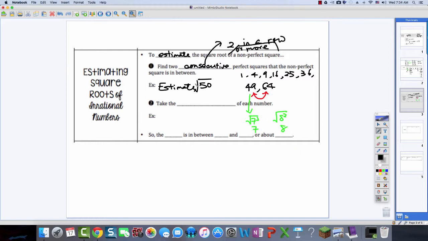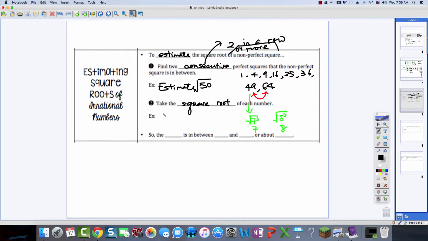Because of that, we can take the square root of each number, which is what we did here with the green ink.